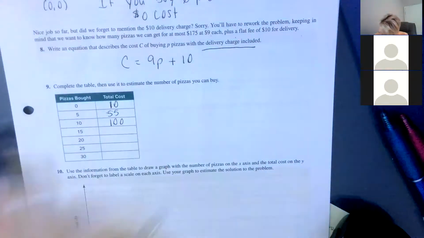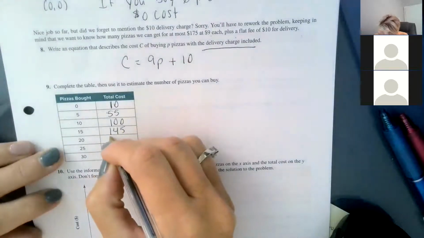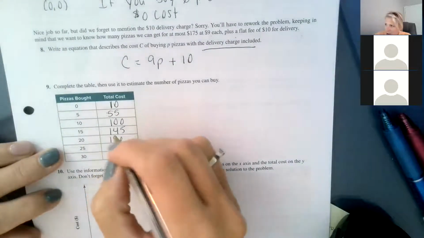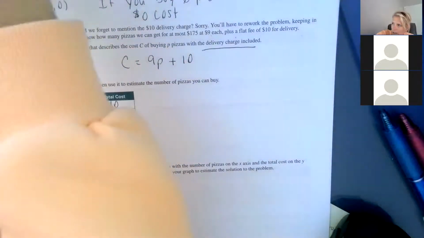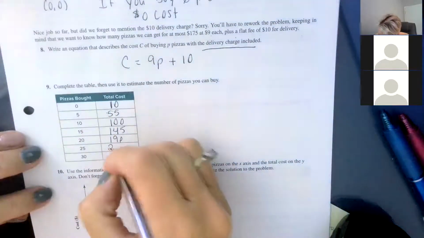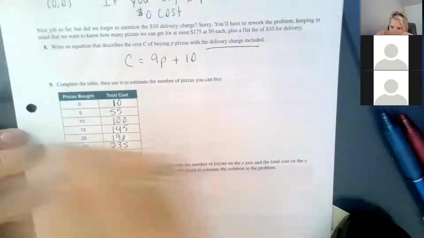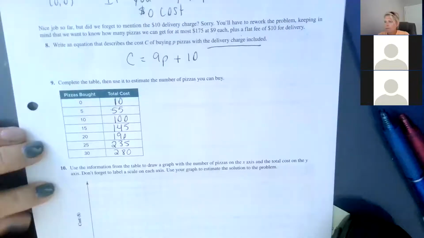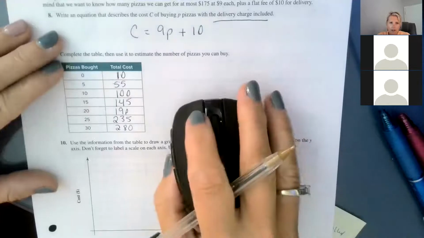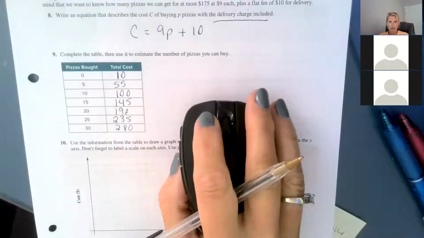And then is this 145? $190, 235, and 280. Is everybody in agreement with those? Yeah.